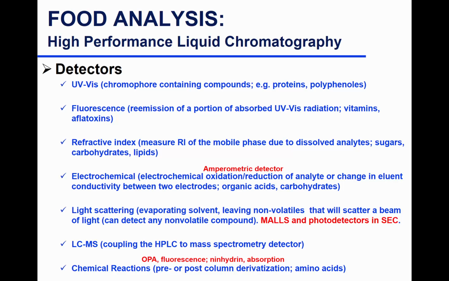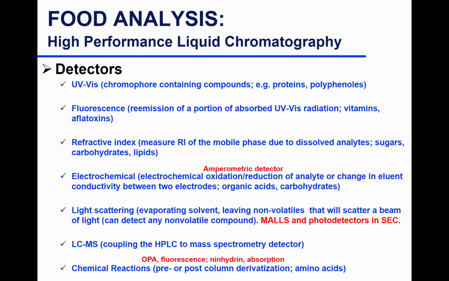So a molecule gets excited, and then when it goes back to ground state, it emits radiation, and that can be quantified. So this could be quantified for certain compounds, such as vitamins, aflatoxins. Sometimes, to determine amino acids, for example, you mix them with OPA reagent, and then you can measure fluorescence after that. So you can apply fluorescence for many different applications.